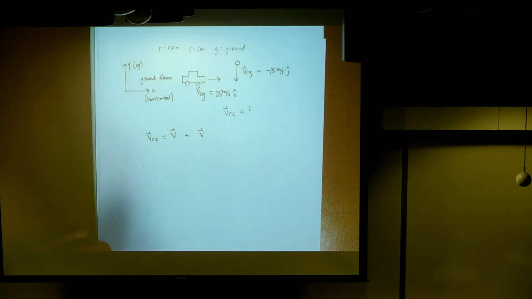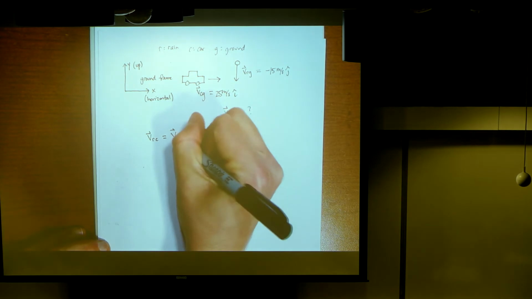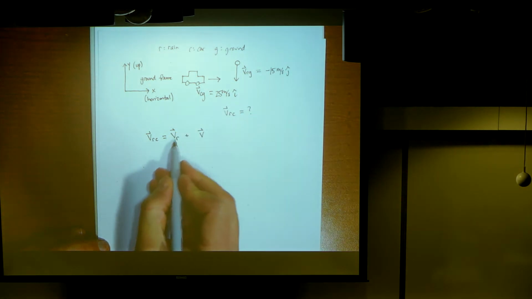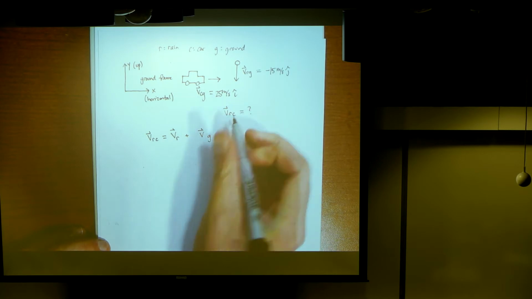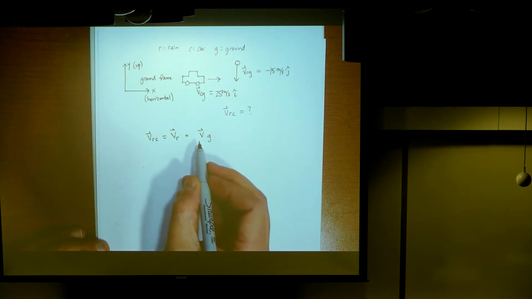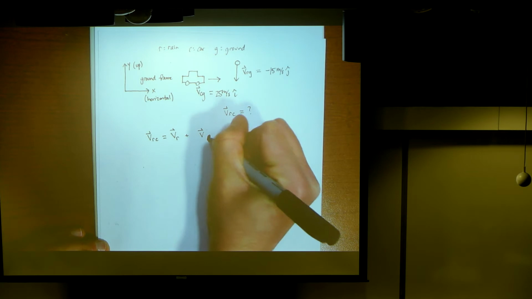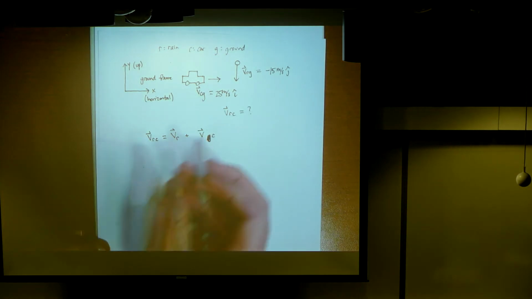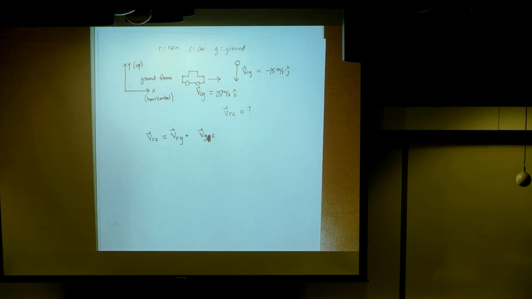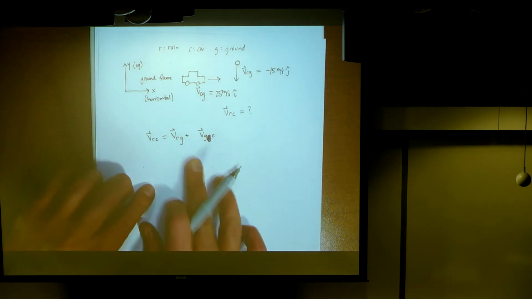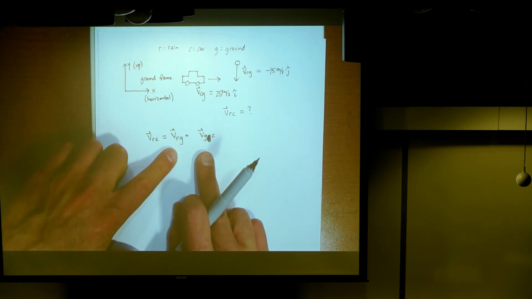Because of the order of subscripts, I want the R to appear on the left side, and then I want the C to appear on the right side like this. And then I want the G to appear on the inside like this. Yeah, that's what I meant to say. Okay? So are we clear that's just how we set this equation up? Okay.